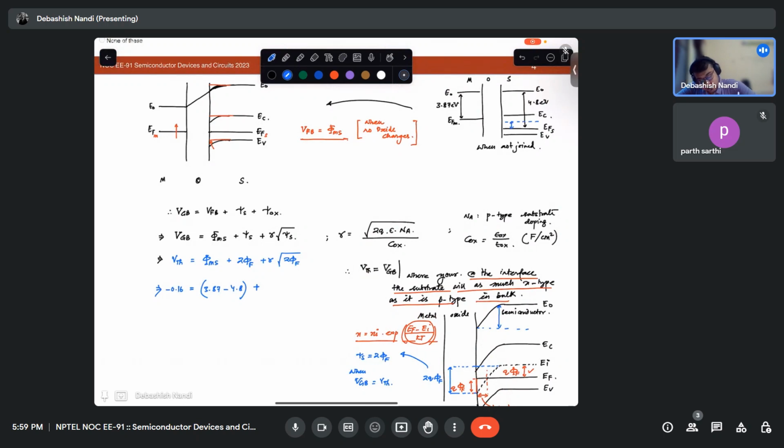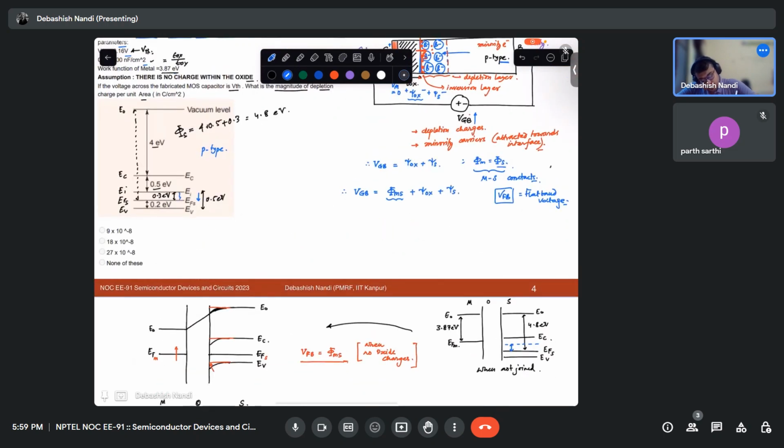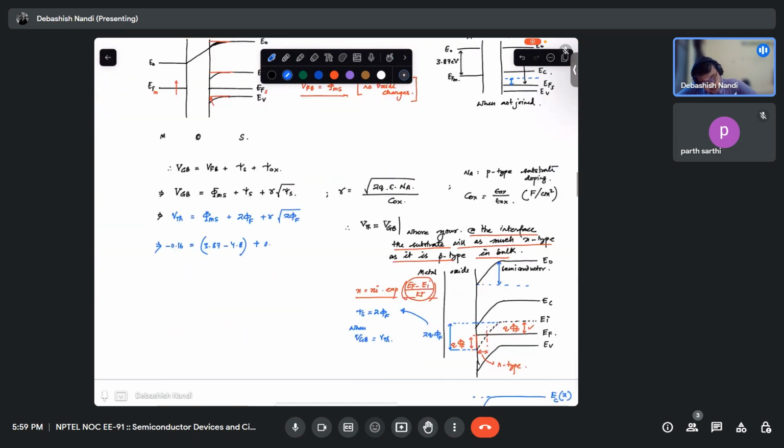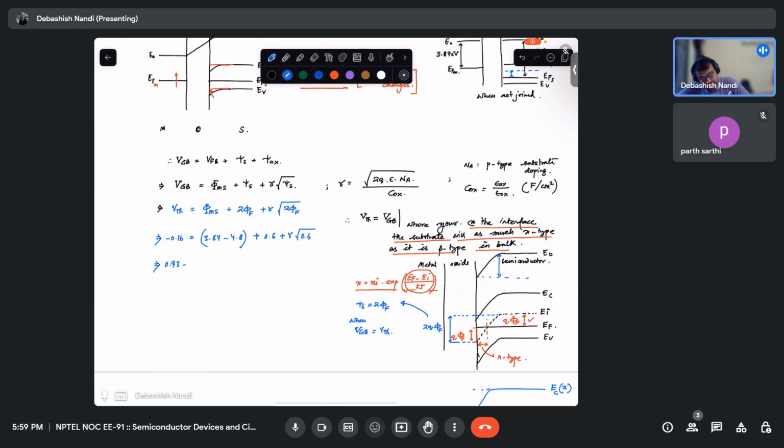Phi f given was 0.3 volt. So it will be 0.6 plus gamma root over 0.6. So it will be 0.93 minus 0.16 equals 0.6 plus gamma root over 0.6. So this will be 0.77 minus 0.60 equals gamma root over 0.6. So this gamma quantity will be nothing but 0.17 over root 0.6. Fine.